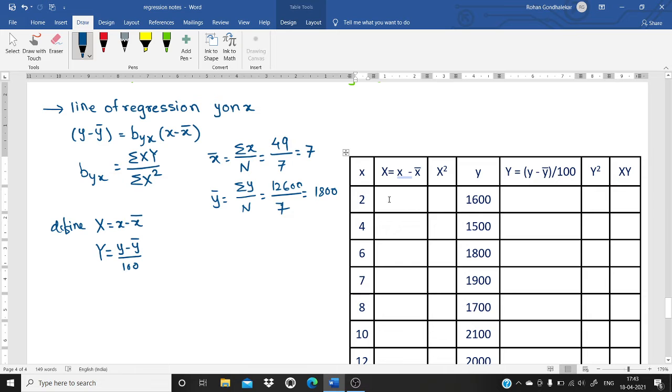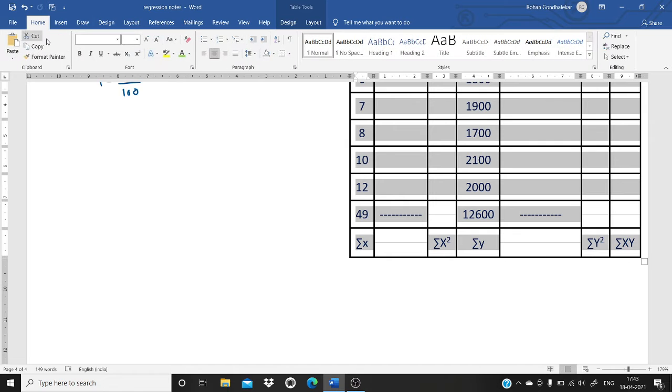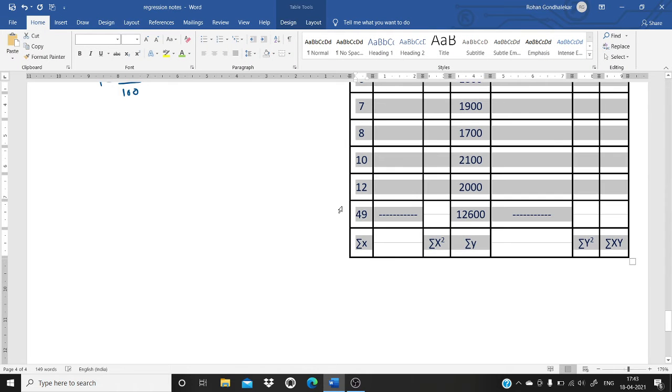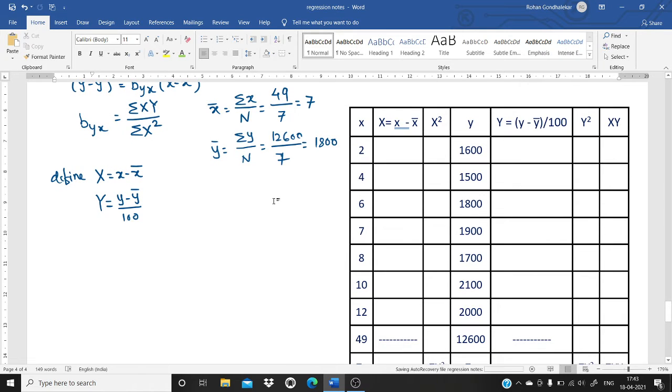Now, what will be my values? When I go for x minus x bar, then I need to subtract 7 from all the entries.